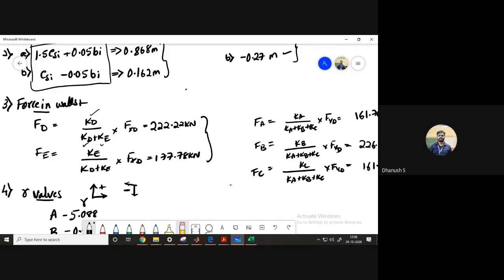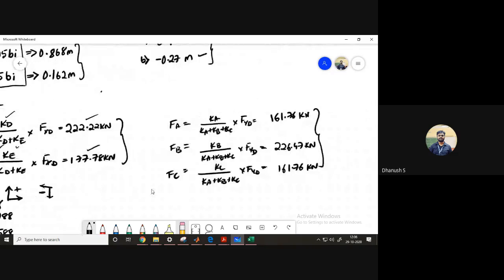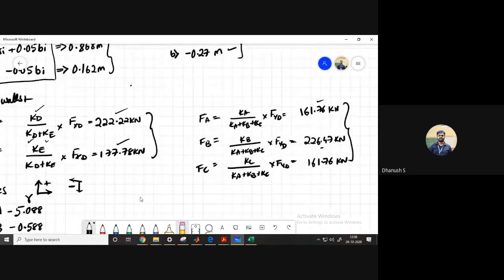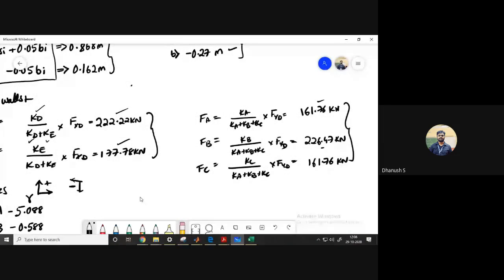When you do that, along x direction, the 400 kilonewton is split into 222.22 and 177.78. Similarly, along y direction, you have 550 kilonewton, which is divided into 161.76 in walls A and C, and for wall B, it has come up to 226.47. Understood? So these values that you have are due to non-torsion.